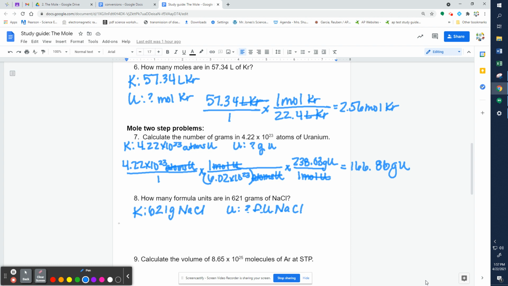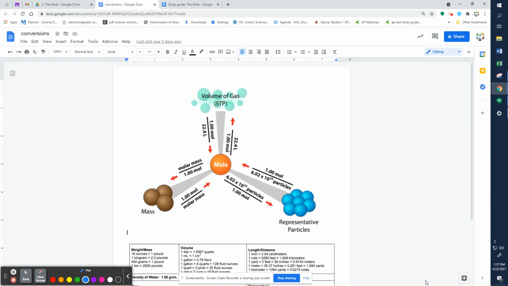Okay, take our known and put it over 1. Now I'm going to check my roadmap, and I want to go from grams to formula units. So I'm going to start here, grams. Then I'm going to multiply by 1 mole over the molar mass to get to moles.